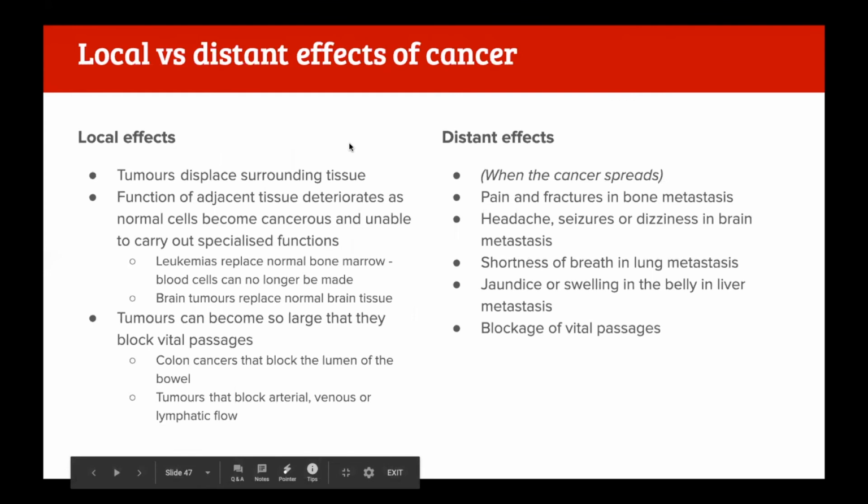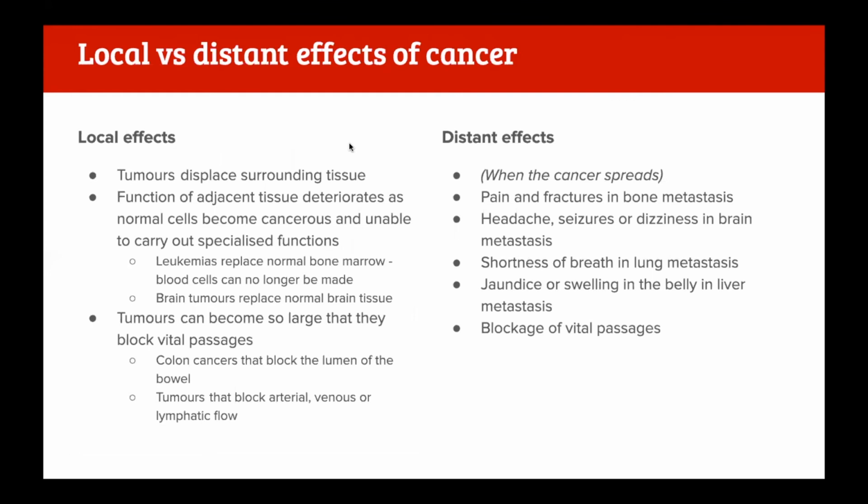So let's start talking about the effects of cancer. So cancer can have both local and distant effects. So your local effects include tumours displacing surrounding tissue, and the function of adjacent tissue deteriorating as normal cells become cancerous and unable to carry out their specialized functions.